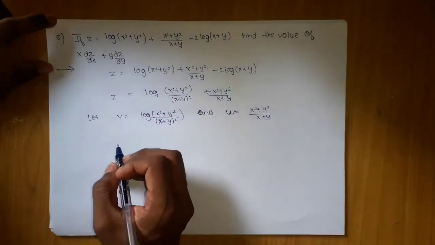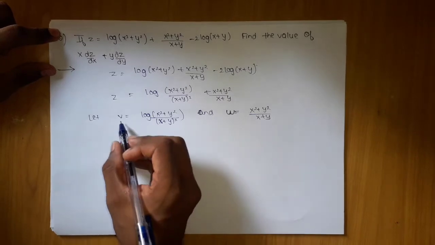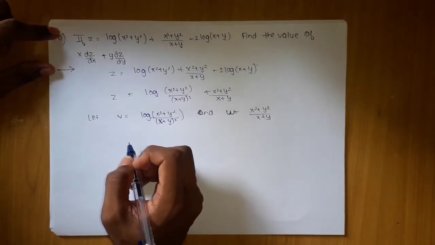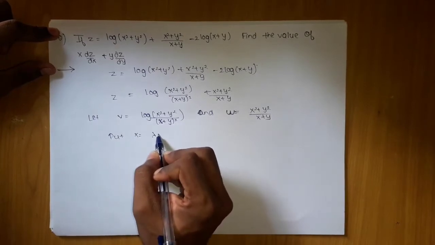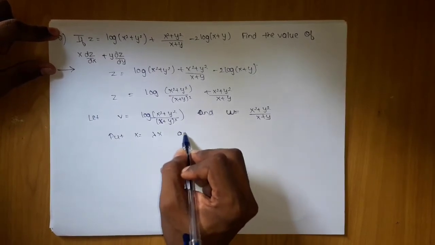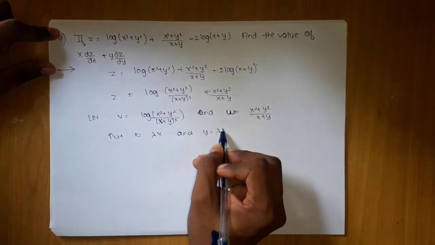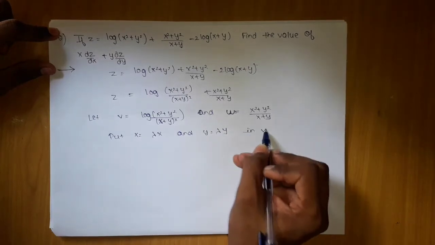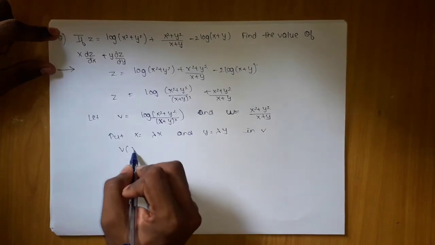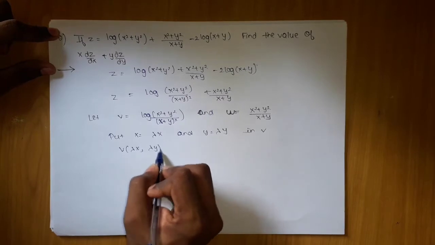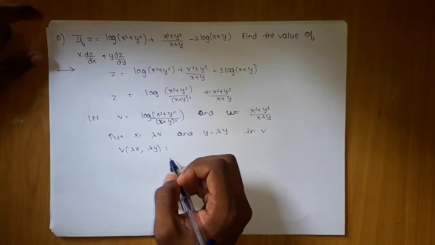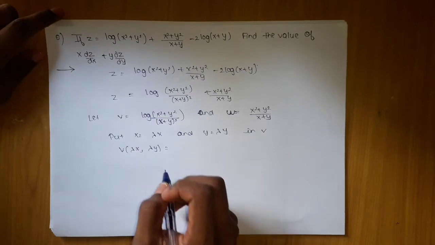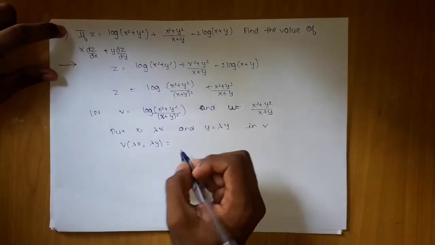What we are going to do is prove first whether v is homogeneous or not. So put x equals lambda x and y equals lambda y in v. What we are going to get is v of lambda x comma lambda y. I will write it in this format to let the teacher know the standard format for how we represent a homogeneous function.